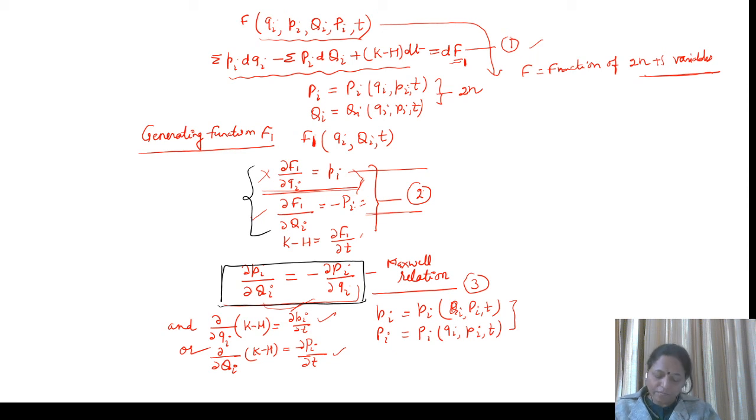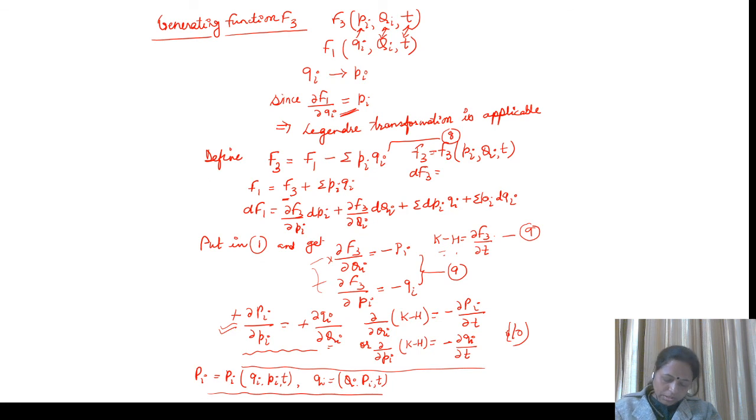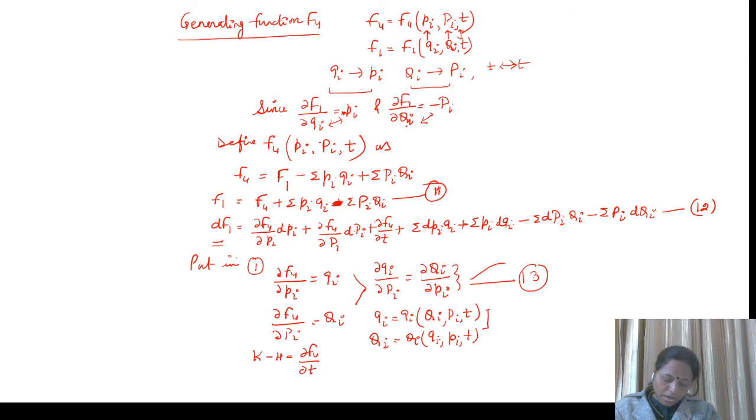You may simply have equations of this type and you may get the relation. The second set is this one, or these relations for F2. The third one is this relation or these sets of equations for F3, and the fourth one is this one or these sets of equations.